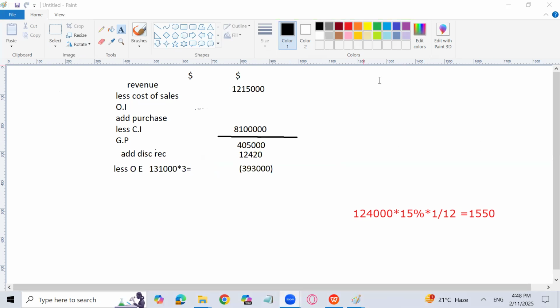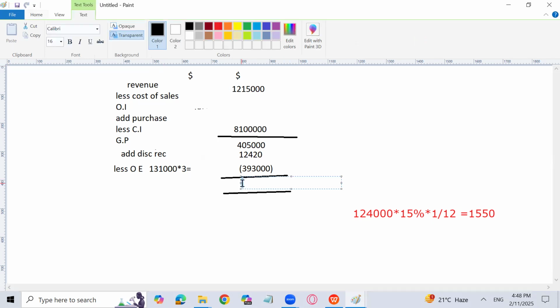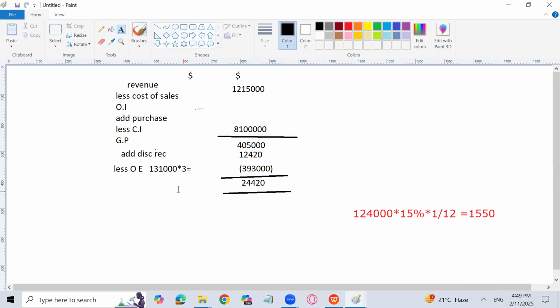So you will find the profit. How much will it come to? 24,420 is the profit for the year. If you want to write depreciation separately, you can.